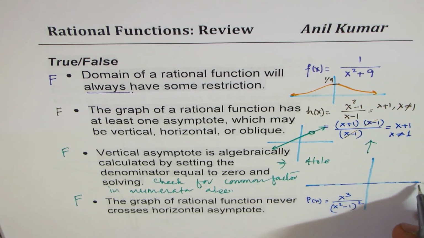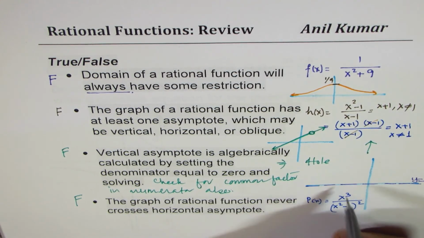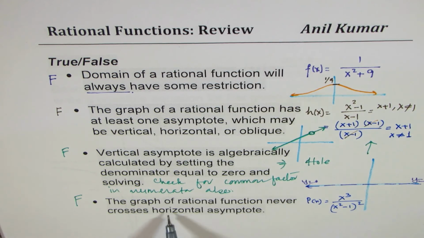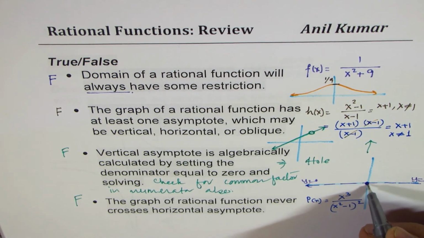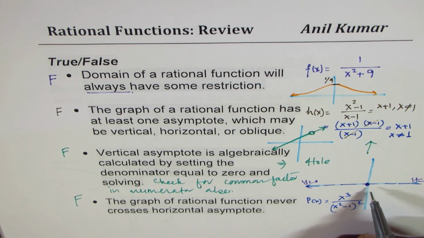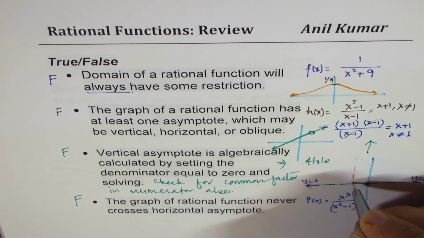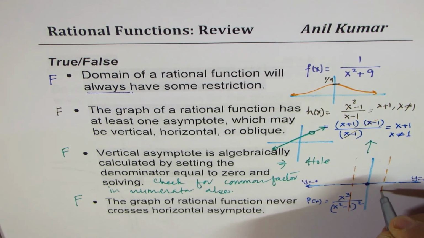So y equals 0 is a horizontal asymptote. Now we are saying that we cannot cross this graph. However, we have a 0 at the origin itself. So if you have a 0 here, you are on the graph and you are going to cross it, correct? That also gives me two vertical asymptotes, one at plus 1, the other one at minus 1.